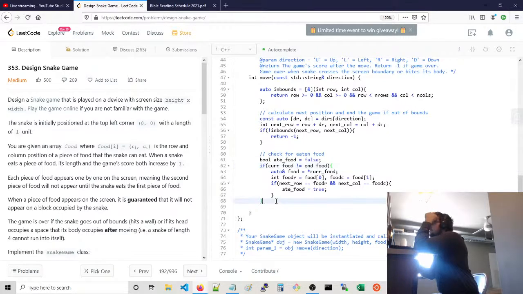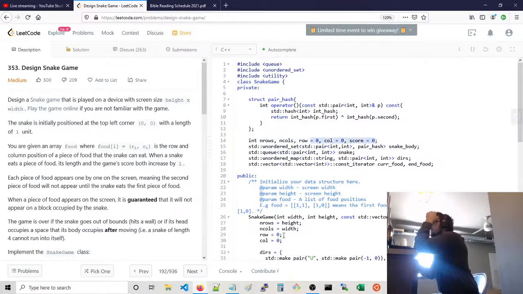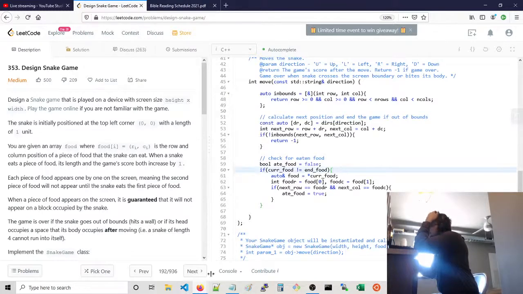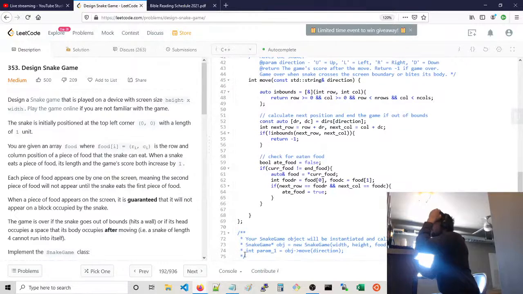If we ate the food, we do some things. Oh, there's a score. Oh yeah, right. We're going to set these things to 0 first. So these are just always 0 initially anyway. I think the score should start off at 1, actually. You always start off with 1.